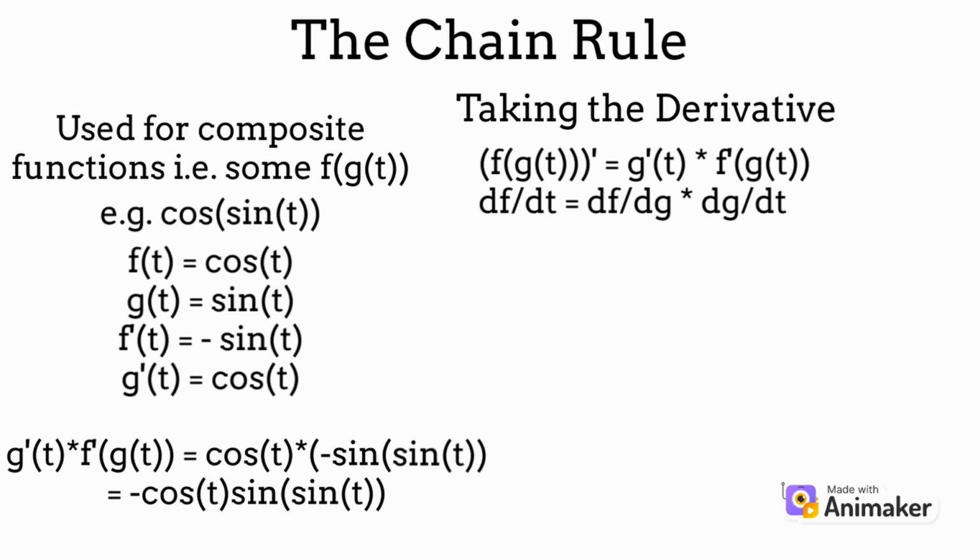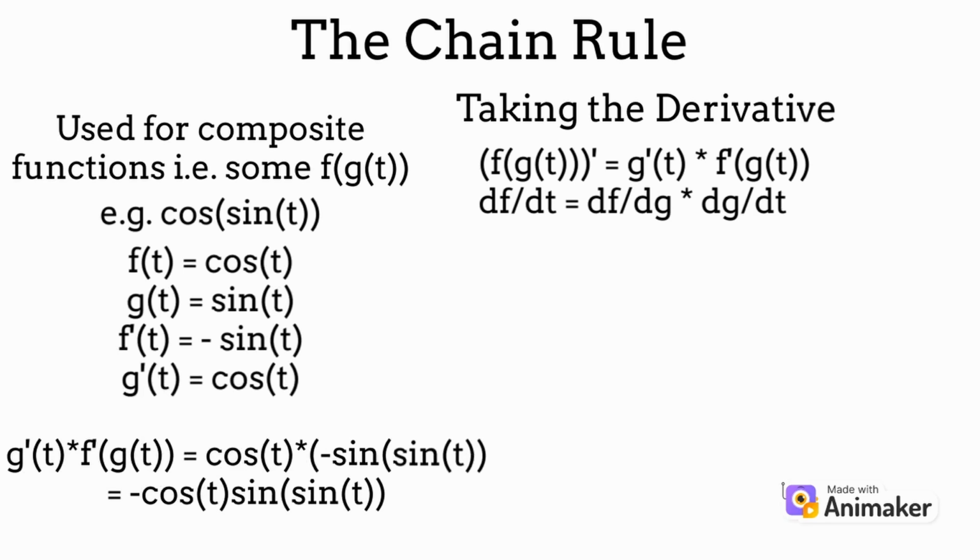These are all derived from first principles, but having them to stick in your head to remember is quite useful. So we have f prime of t, and we have g prime of t, the derivative of the sine function, which is the cosine function. And now we just need to fit this back into our equation from up here. So f prime of t is minus sine of t, and g prime of t is cosine of t, but we have to remember to evaluate this instead of at t, at g of t.